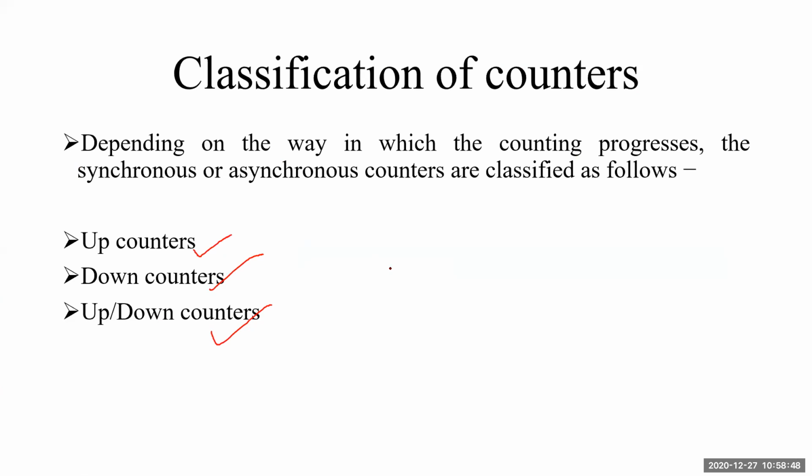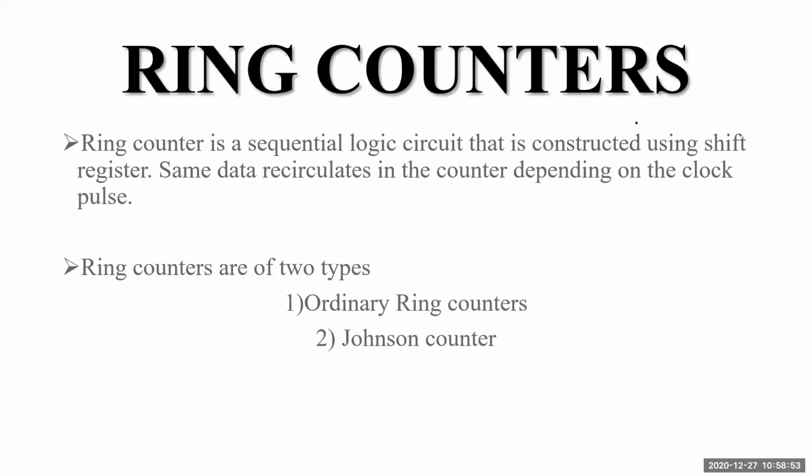Now let us see the high level kind of counters, which are called ring counters. A ring counter is a sequential logic counter that is constructed using shift registers. These ring counters have been constructed with the help of shift registers.